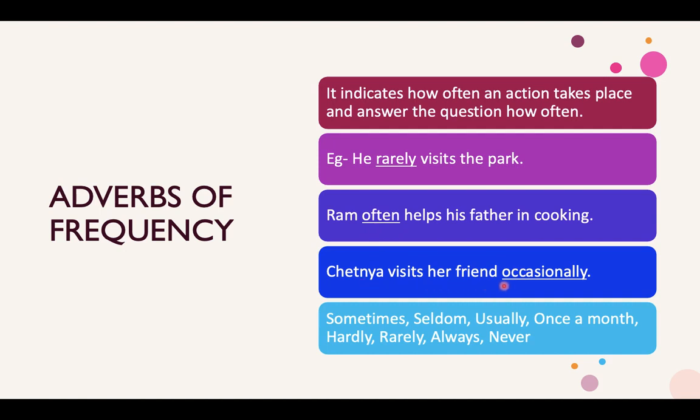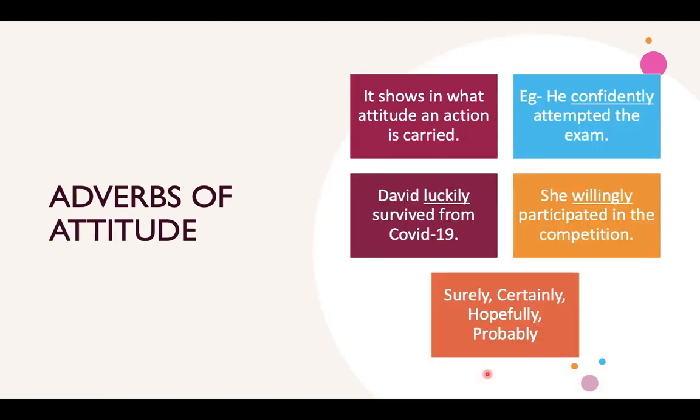Chaitanya visits her friend occasionally. So how often? Occasionally. So these words like sometimes, seldom, usually, once a month, hardly, rarely, always, never show the frequency of an action. So these are adverbs of frequency.